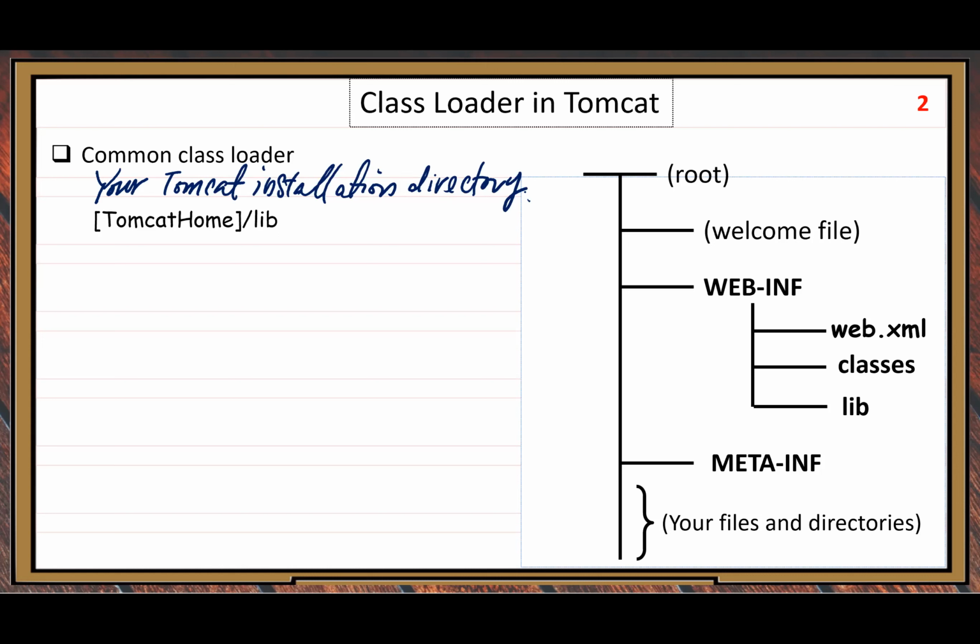Under your Tomcat home directory, there is a lib directory. That is the common place for the class loader. That means when you start Tomcat, the library files there are always loaded automatically. So that's a place where you may put commonly used Java library files.